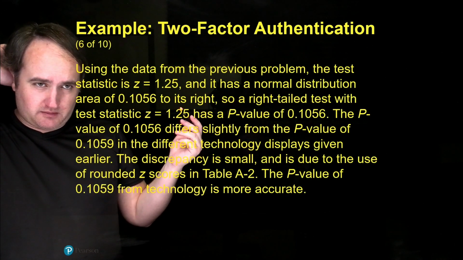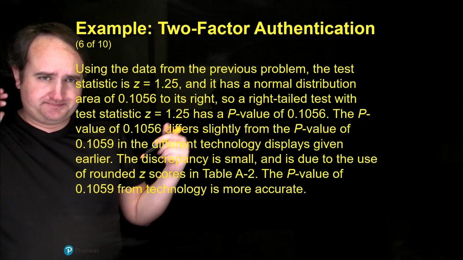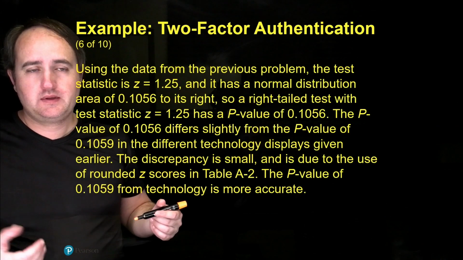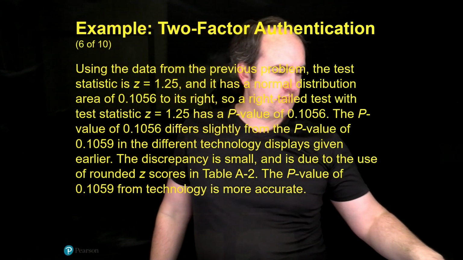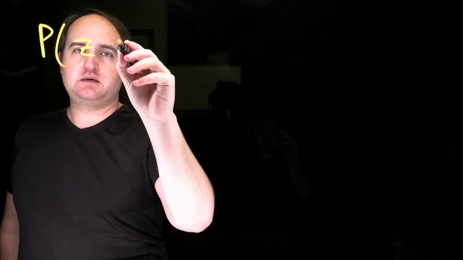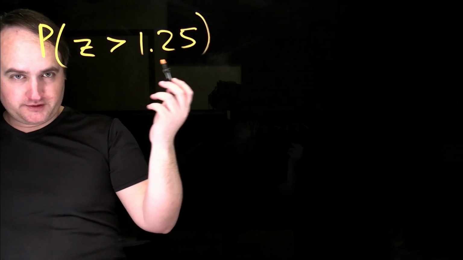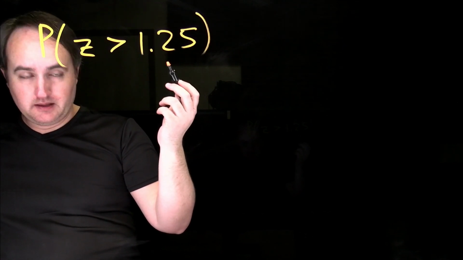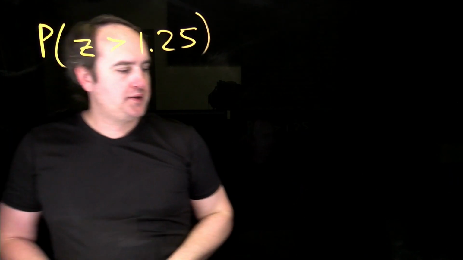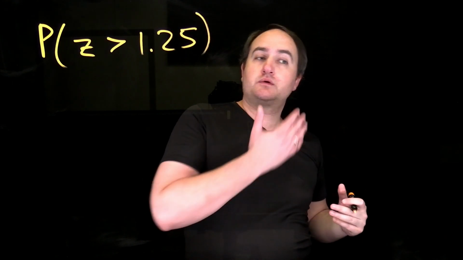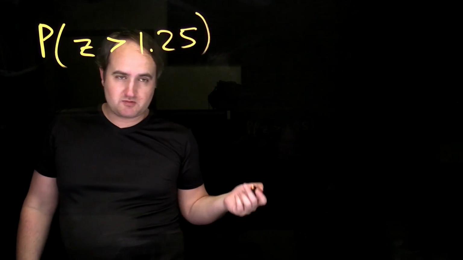So the way you look that up is using table A2, because our z-score was 1.25, what we're really trying to determine is the probability that z is greater than 1.25. So the 1.25 is the same as our test statistic, and the reason it's greater than is, remember that our original alternative hypothesis in this example was p is greater than 0.5.